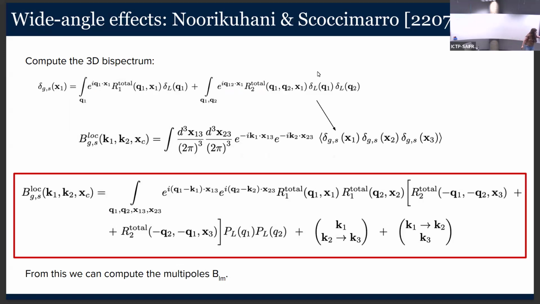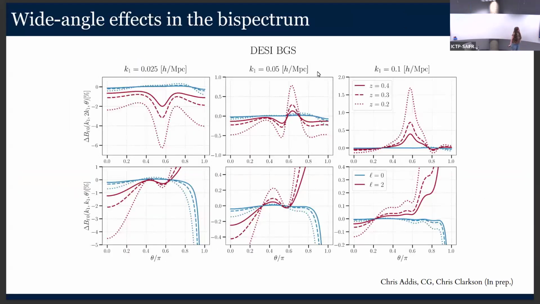It's a very massive thing to do, but you can then calculate the total multipole that you're observing for the bispectrum. And this is something that Chris Addis, a PhD student at Queen Mary, University of London, is leading.